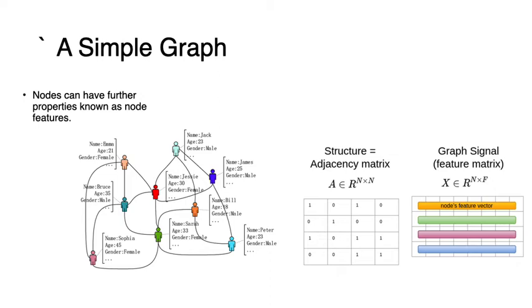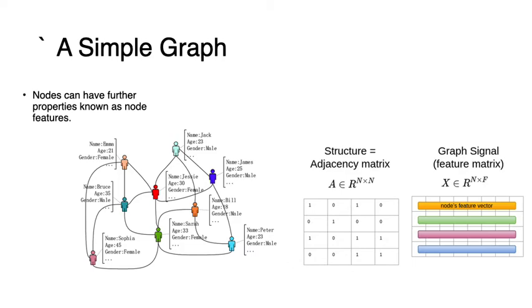The adjacency matrix represents the structure of the graph, and the signal of the graph is carried by the feature matrix. So A represents the adjacency matrix and X represents the feature matrix.